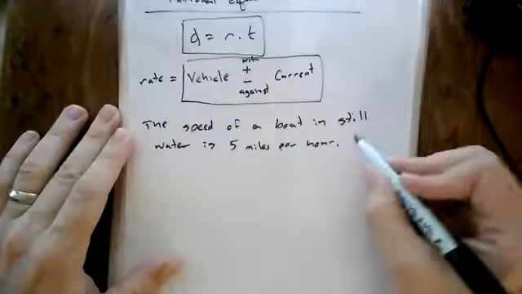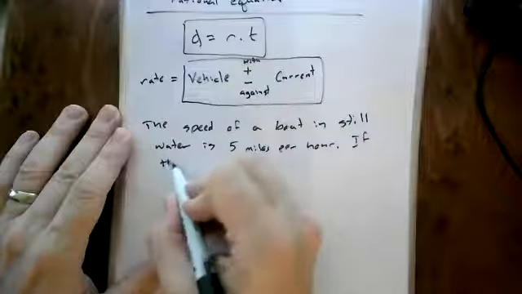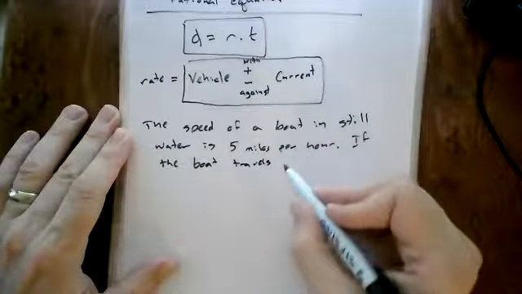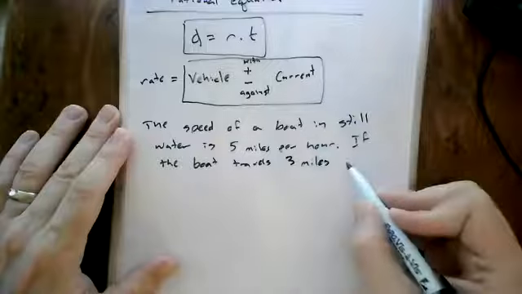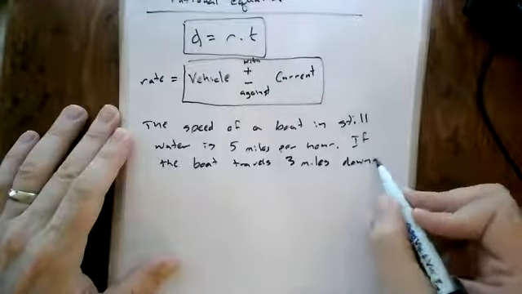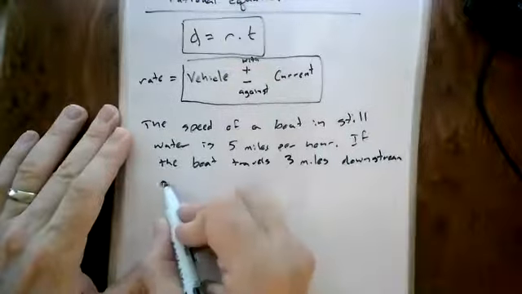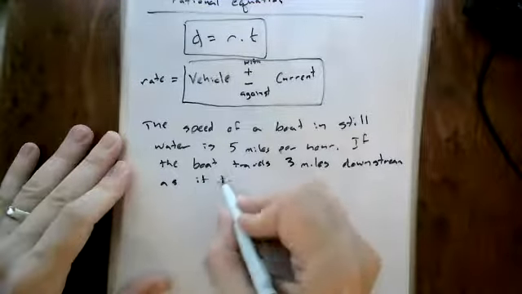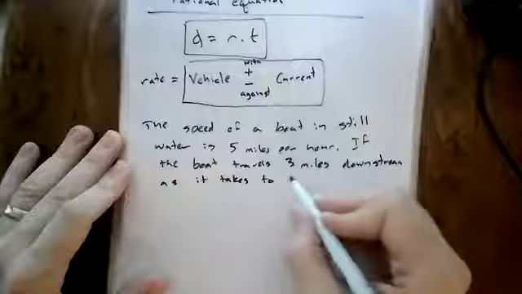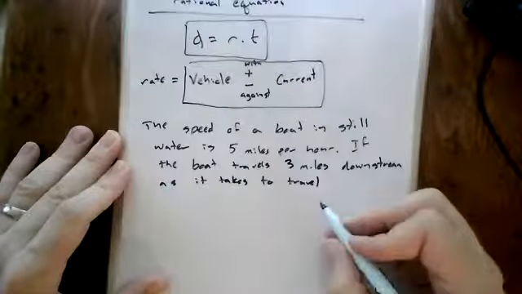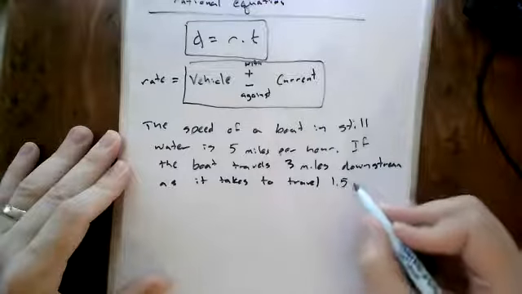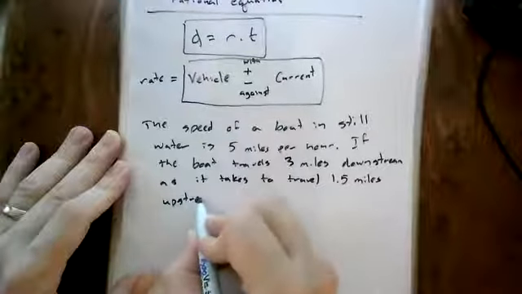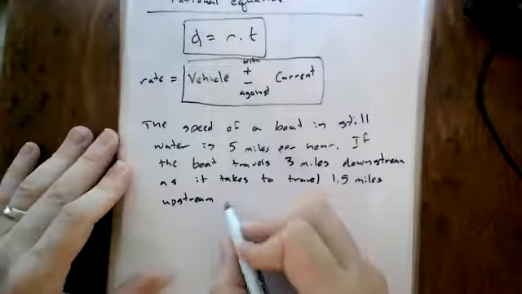If the boat travels 3 miles downstream, as it takes to travel 1.5 miles upstream, what is the speed of the current?